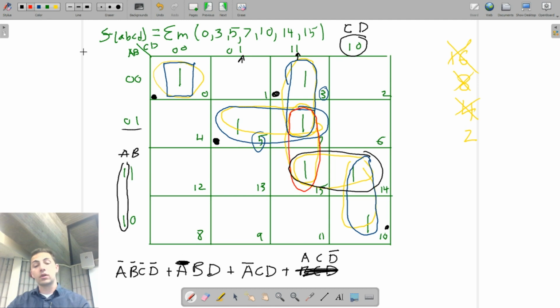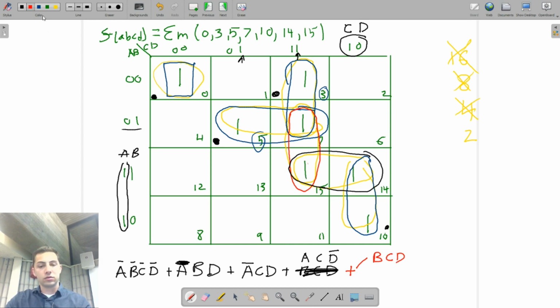Okay. Now, then we have a choice. We can either circle the red one, and the red one would be B positive, C positive, D positive. That's red.